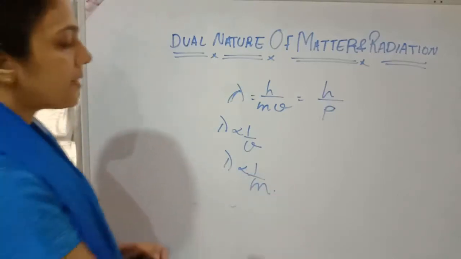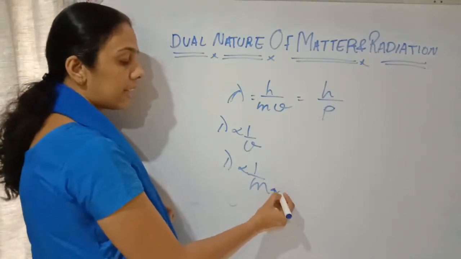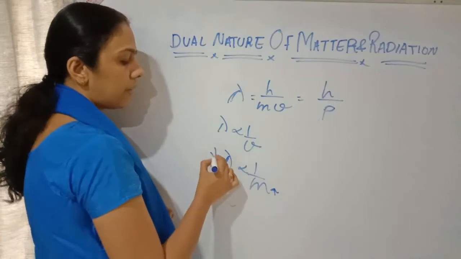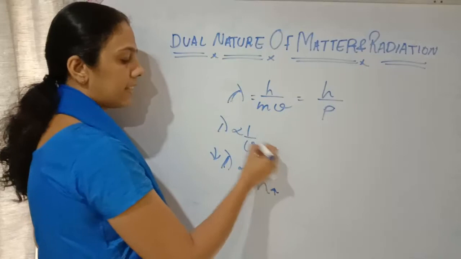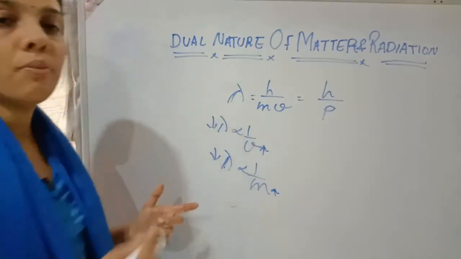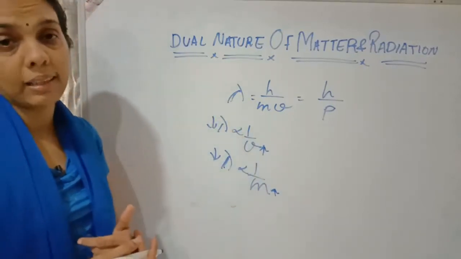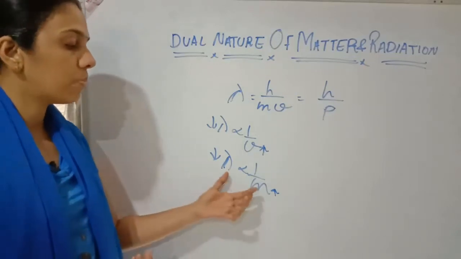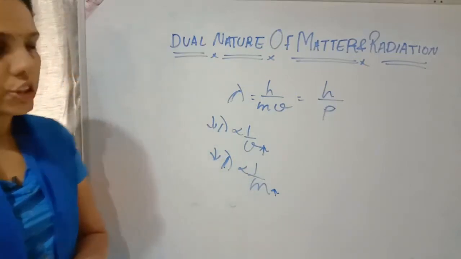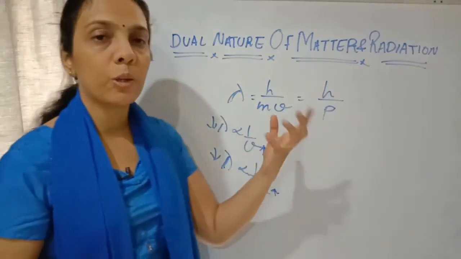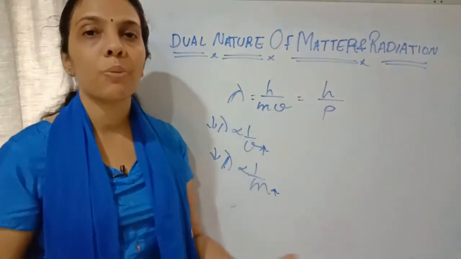As the mass of the particle is increasing, the wavelength will be decreasing. As the velocity of the matter is increasing, the wavelength is also decreasing, so we can't observe the wave nature. Wavelength is decreasing in both cases. So the mass of the matter should be very small to get the wave nature, and the velocity of the particle also should be very low.